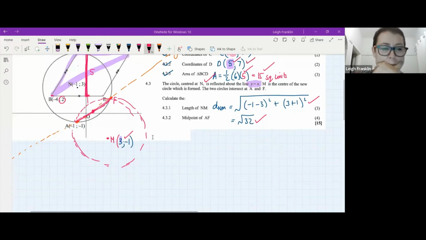Can you calculate the gradient of AM, assume that it is equal to the gradient of FM, and then from this use the gradient to find the equation? I think you're right about us using gradient, but what you're saying here is not going to work, because if I join A to M, I can't say that the gradient of this line is going to be the same as the gradient of that line.